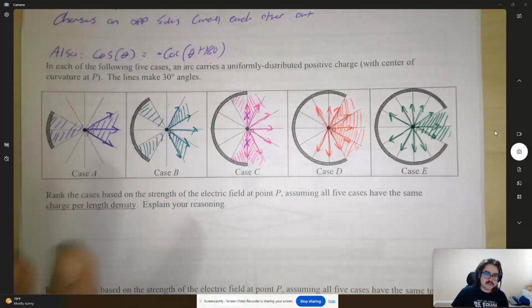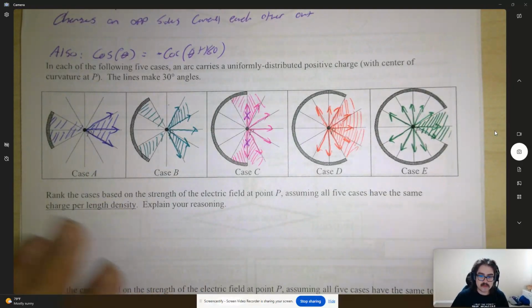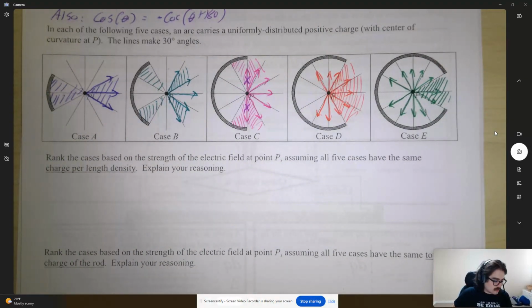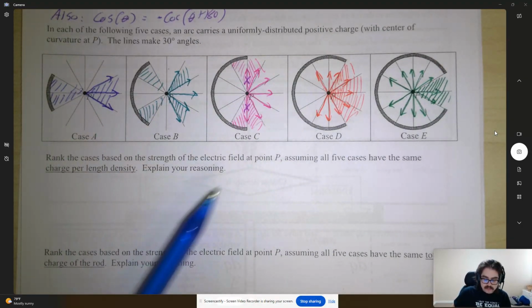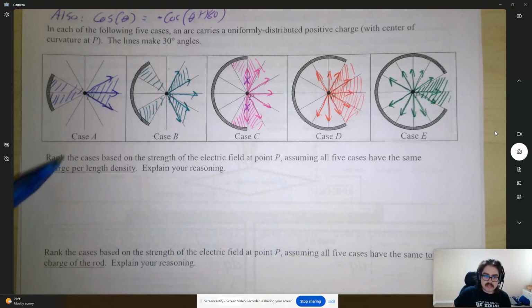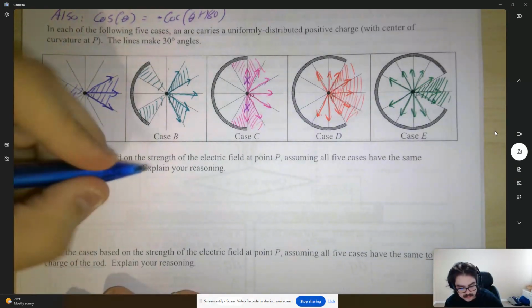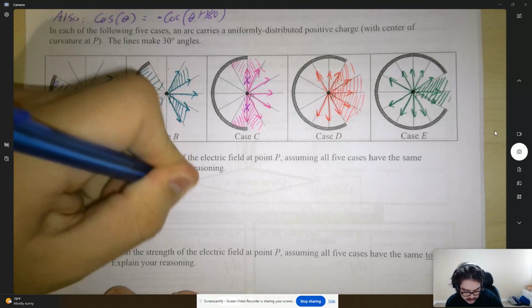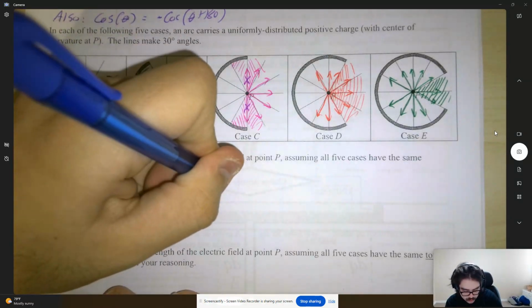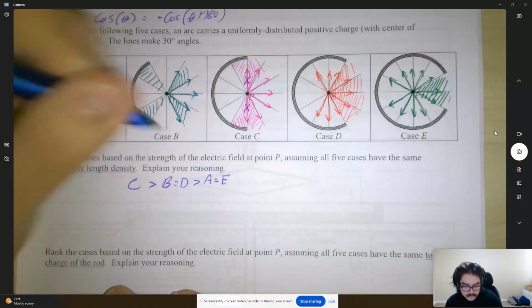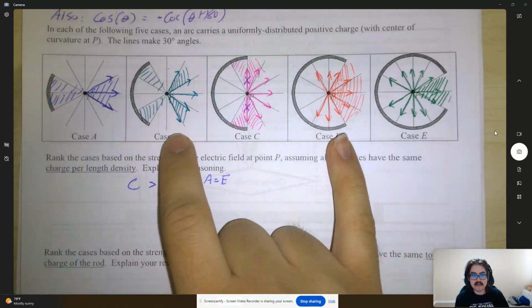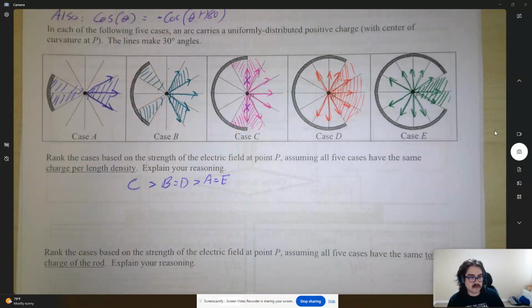Do you notice that these cases are very, very similar to each other, and some of them are actually identical to each other? If I rank the strength of the electric field at point P, assuming they all have the same charge per length density, then you're going to notice that C is greater than B, which is equal to D, which is greater than A, which is equal to E. B and D are the exact same cases after all the cancellations have been made, and A and E are the exact same cases after all cancellations have occurred.